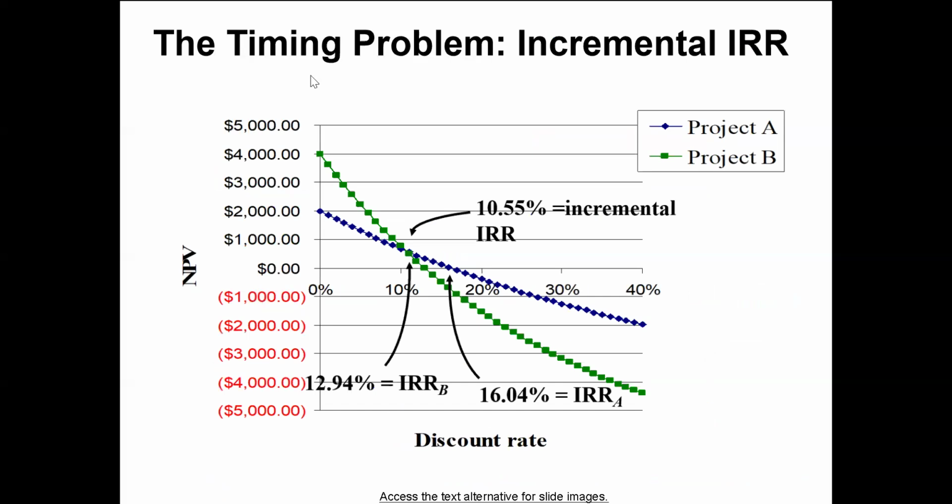The y-axis is the NPV, and the x-axis is the discount rate.